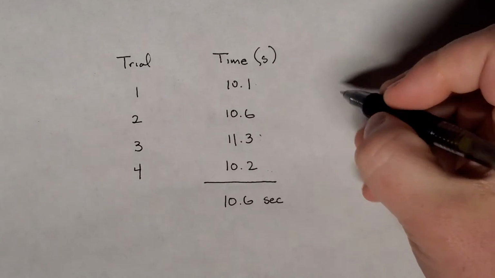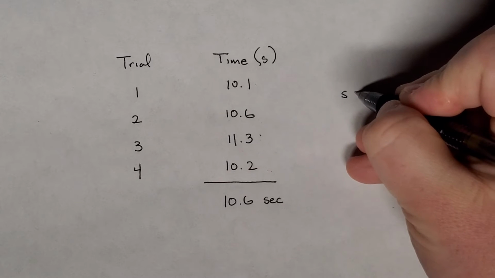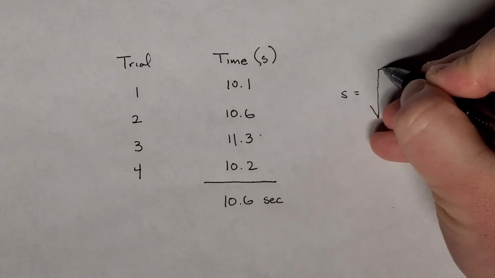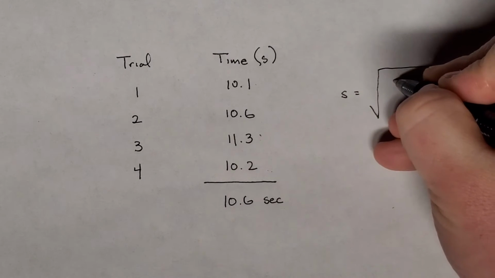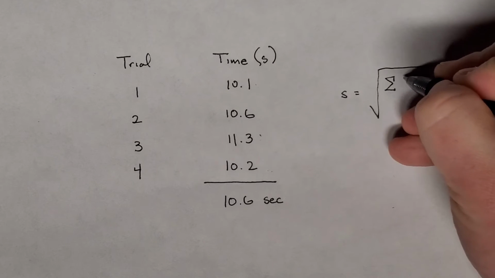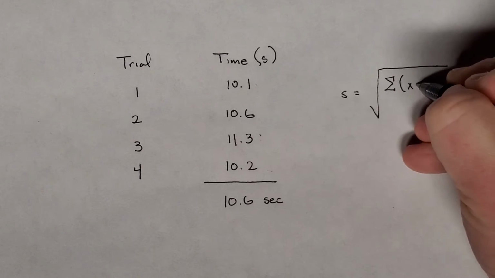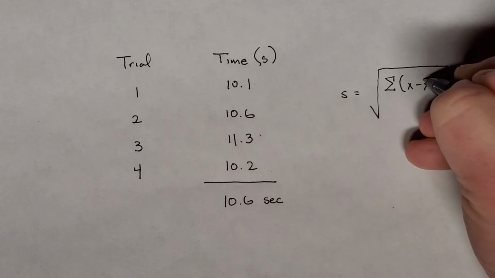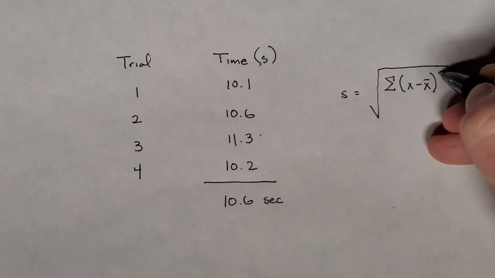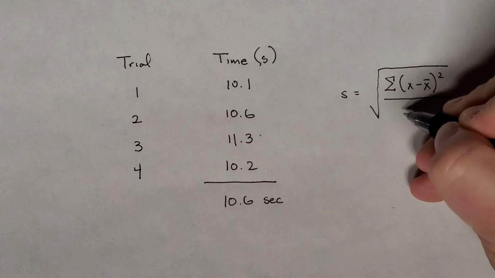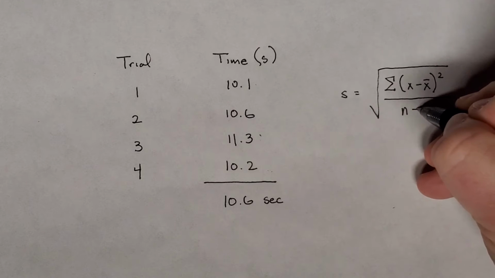The equation for standard deviation is the following. It is the square root of the sum of each individual trial minus the average, squared, divided by the number of trials we've run minus 1.